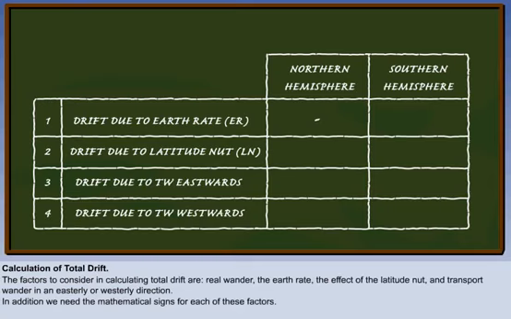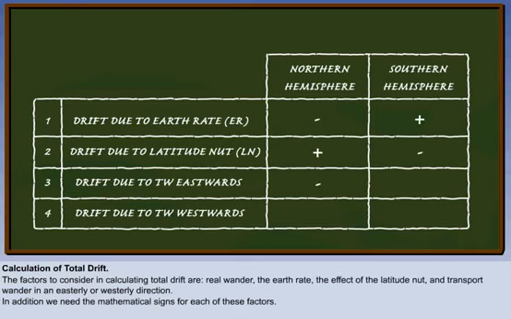If the earth rate is negative in the northern hemisphere, it will be the opposite in the southern hemisphere. So let's put a positive or plus sign in the box. The latitude nut induces real drift, which is equal and opposite to drift due to earth rate. So it must be a plus in the box here, and a minus here.